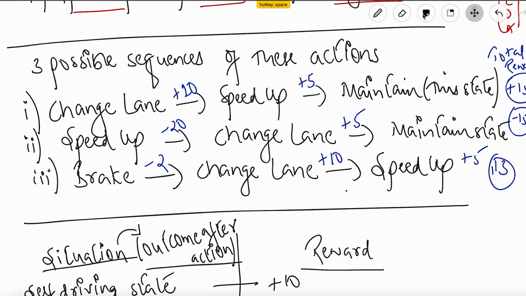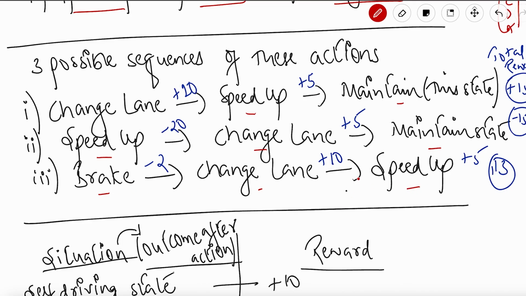Now there are 3 possible sequences of actions. First, the agent can change lane, increase the speed and maintain this state. Second possible sequence is to first speed up, then change lane, then maintain the state. Third is to apply the brakes, change lane and then speed up.